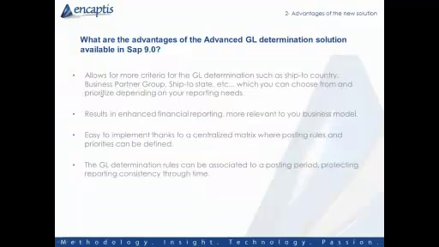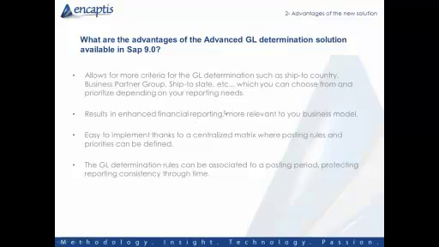Now SAP brings in an enhanced solution for the GL account determination. The advantages are that it allows for more criteria for the GL determination, such as the ship to country of your documents, the business partner group, or a ship to state, which will be in your customer's address or your vendor address.